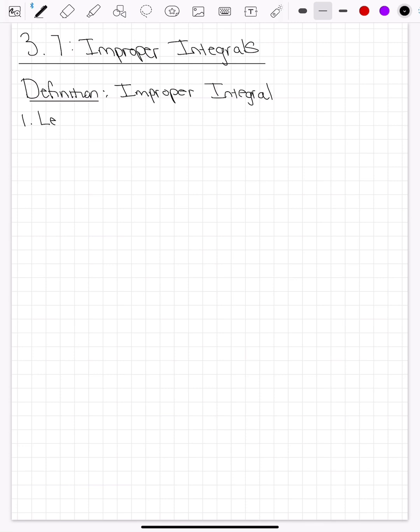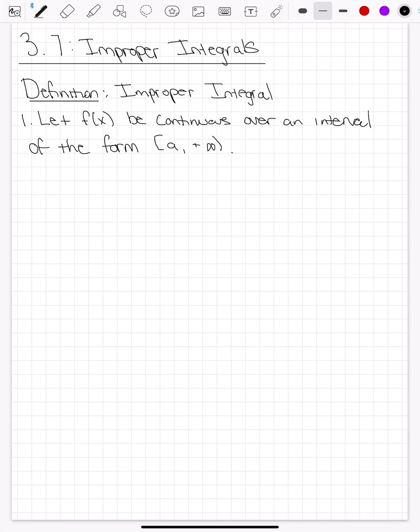So the first one, you're gonna let f of x be continuous over an interval of the form a to positive infinity.